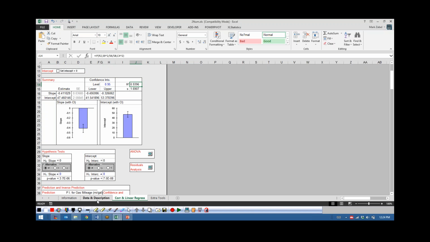Now, by the way, this is not real data. This is fictitious data. But that would be a heck of a model, right? A model that explained 90% of why gas mileage is good or bad. That's pretty good. So good for r squared is going to be like 75, 80% is going to be a really good r squared in most applications.